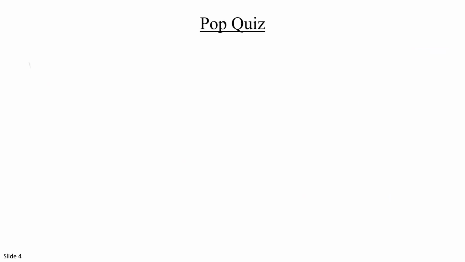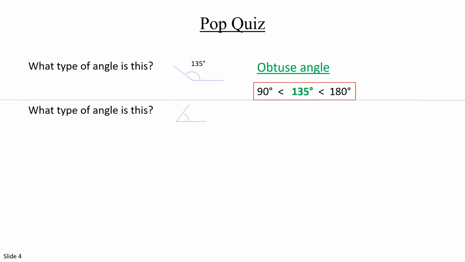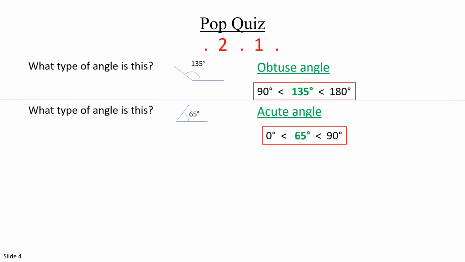Pop quiz. What type of angle is this? Obtuse angle. Very good. It's between 90 and 180. Did you get it? What type of angle is this? Acute angle. That's right, because it's between 0 and 90. 65 degrees is between 0 and 90.